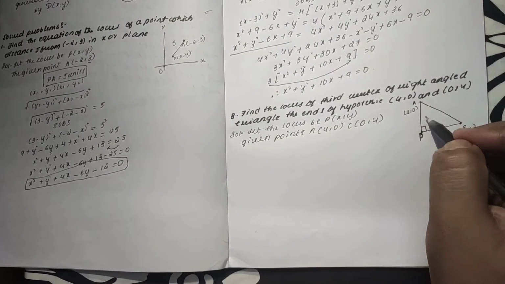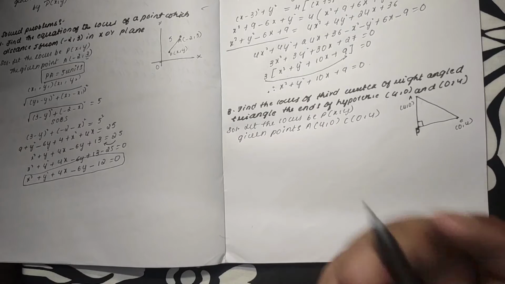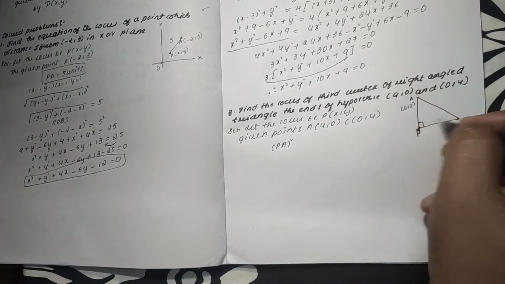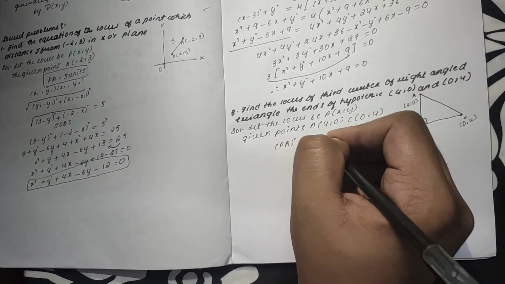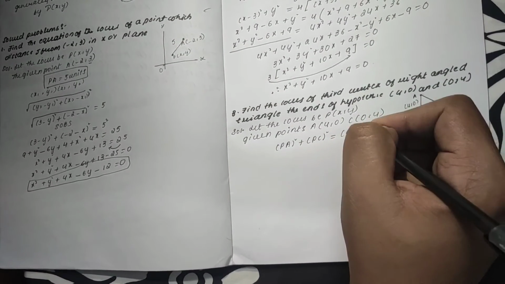As this is a right angle triangle, we have to use the Pythagoras theorem formula, PA square plus PC square is equal to AC square.